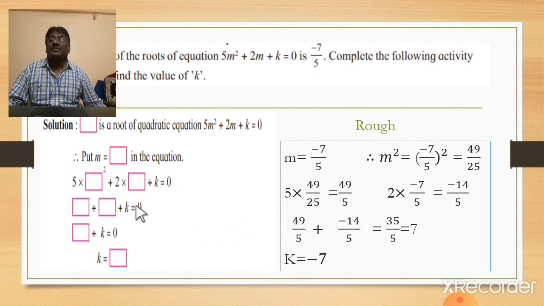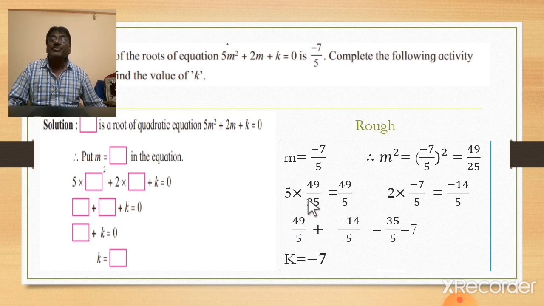And the second blank, in this step, 2 into m, and the value of m is minus 7 upon 5. Then here we write minus 7 upon 5. Here also we write minus 7 upon 5. Now calculate it.